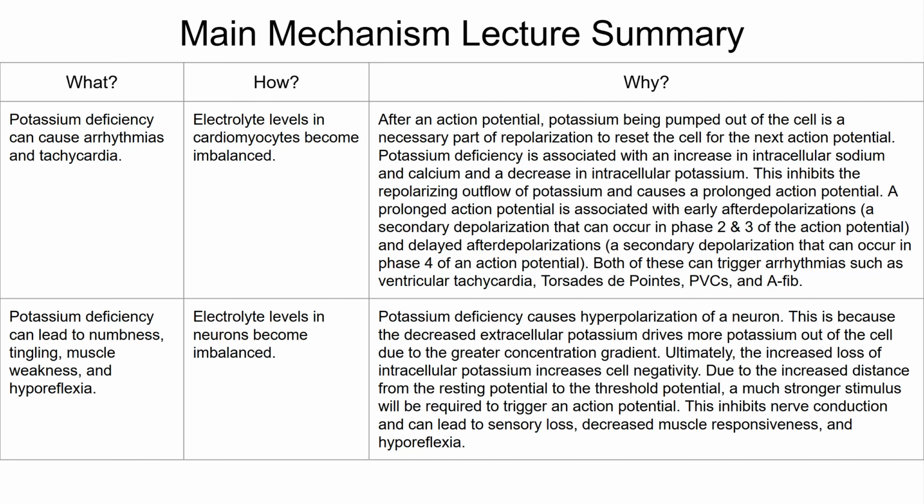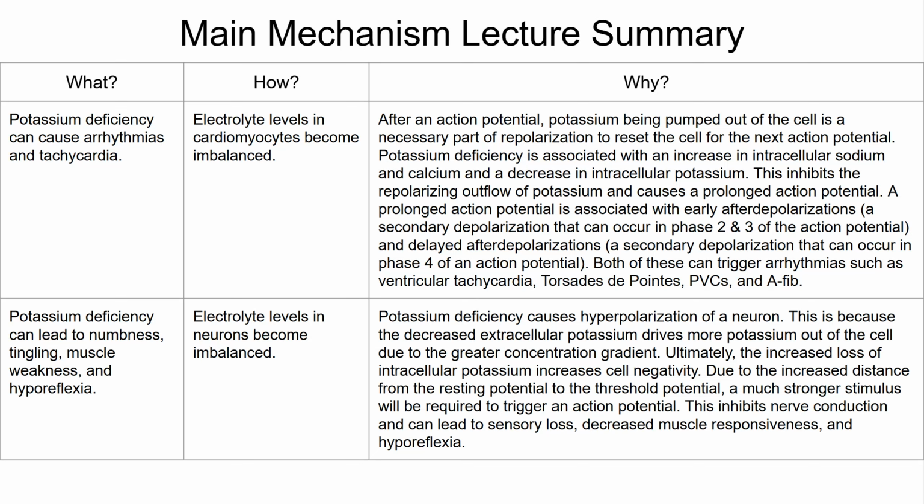The main takeaways as far as the what, how, and why behind the presentation is that potassium deficiency can lead to tachycardia. This is because potassium is supposed to be pumped out of the cardiomyocyte to reset the cell for the next action potential. When potassium is low in cardiomyocytes, intracellular sodium and calcium increase. This impairs the ability of the cell to repolarize following an action potential, which can prolong the action potential.